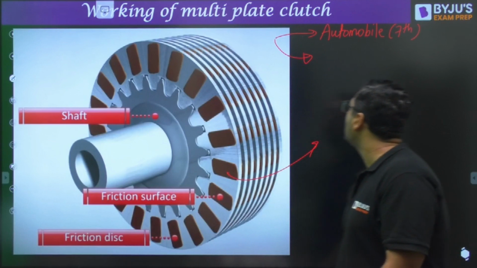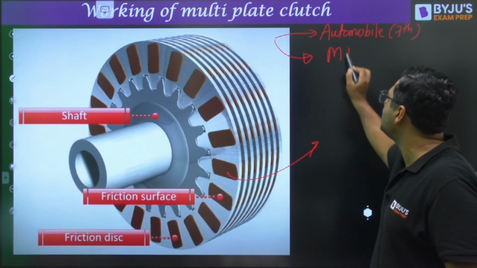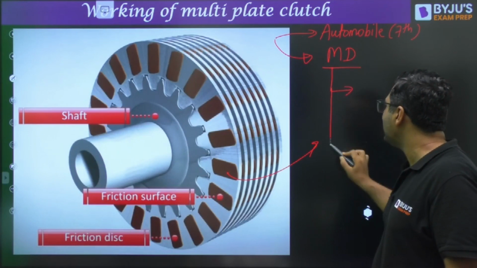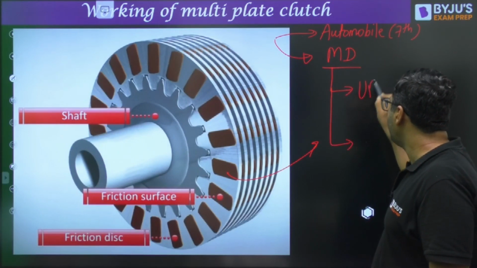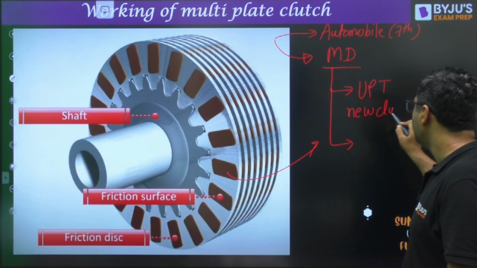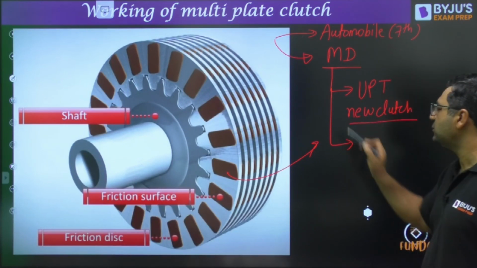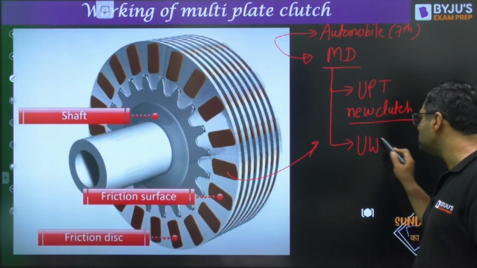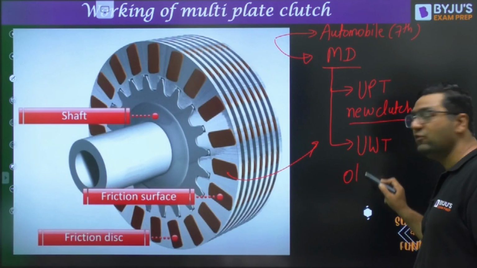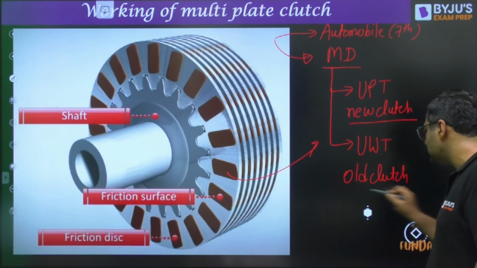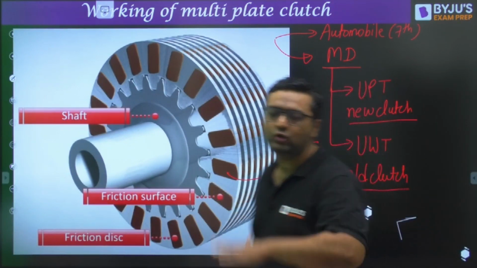And whenever we are talking about machine design, we need to see the design of this. So in machine design, you will study 2 types of theory. One is uniform pressure theory, which is generally used for new clutches, because it is assumed that in a new clutch pressure remains uniform. And whenever we have an old clutch, then we use uniform wear theory, because in old clutches we assume the wear is going to be uniform.